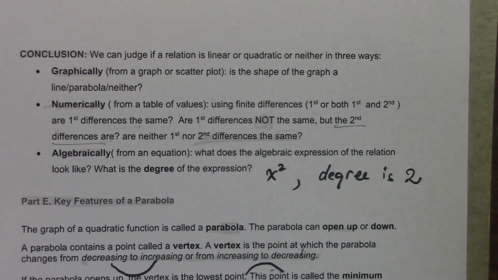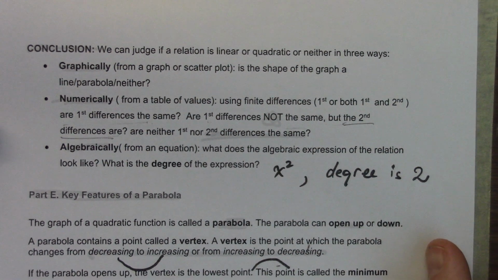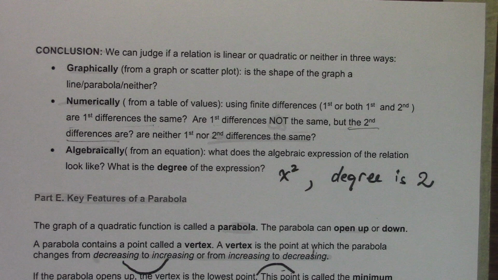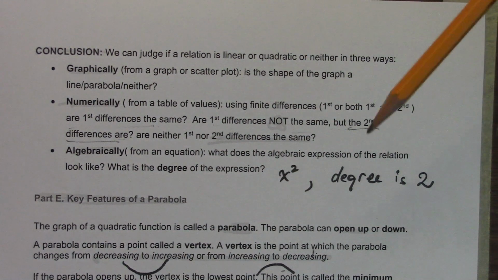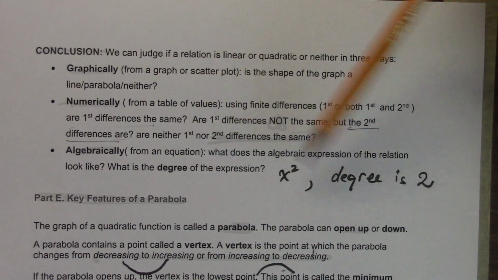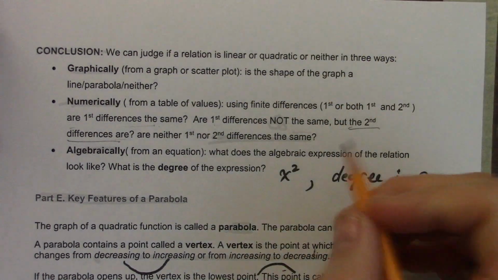What does it mean? Quadratic. Yeah. This is the whole lesson we've been talking about, right? And then finally, if the first differences or the second differences are not the same, Adrian, it's going to be neither.